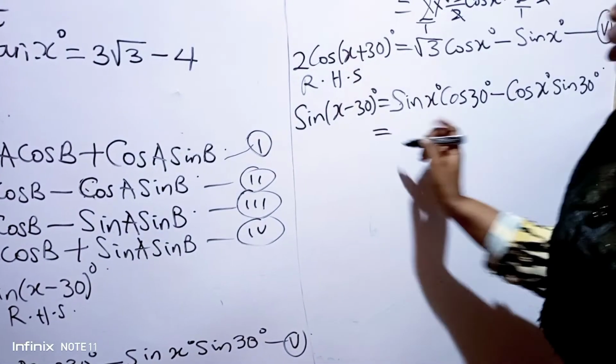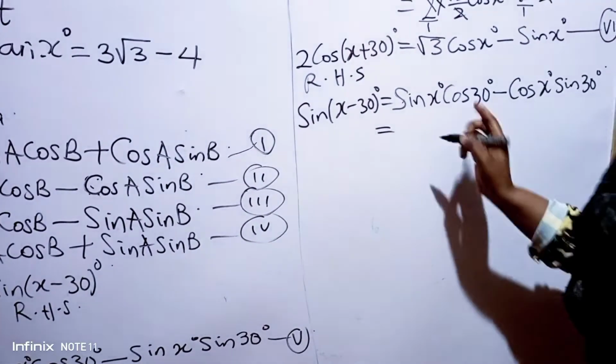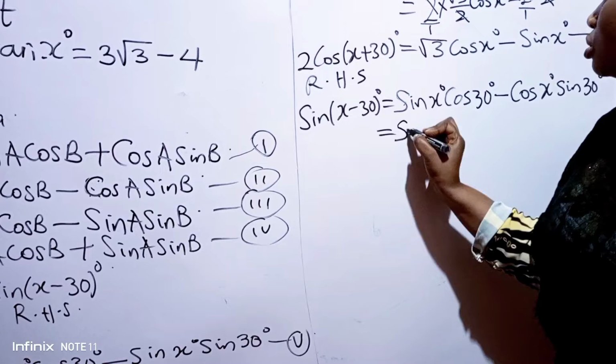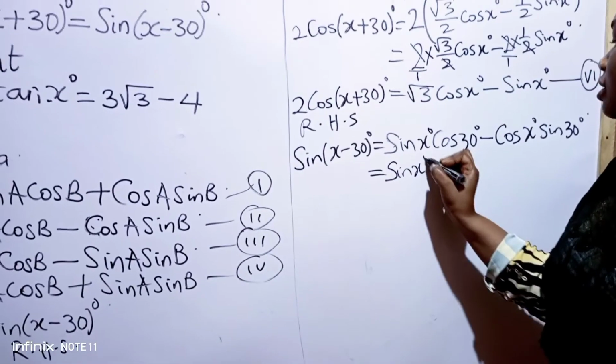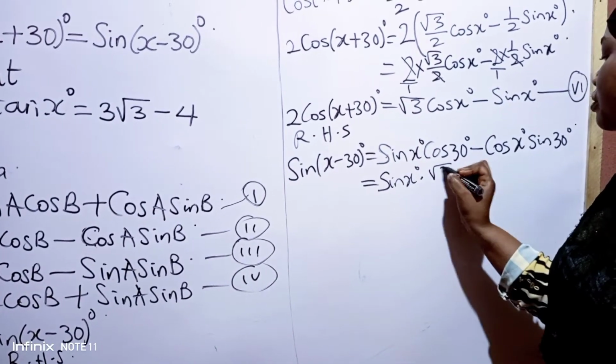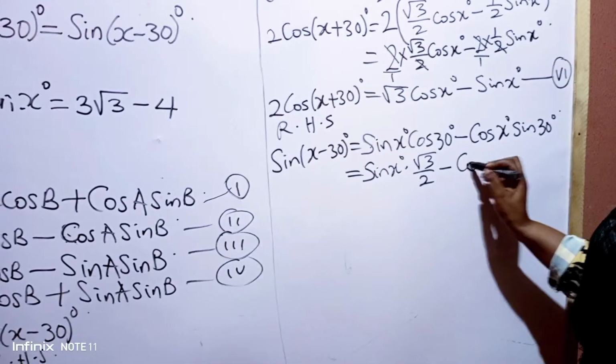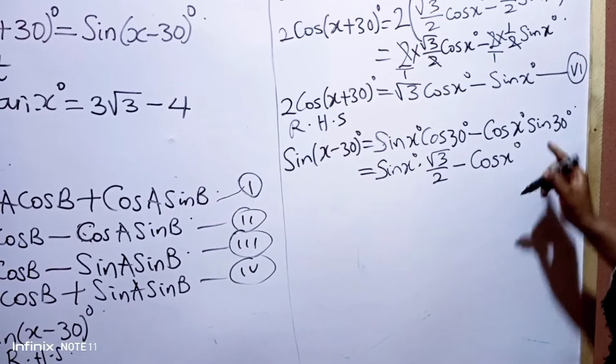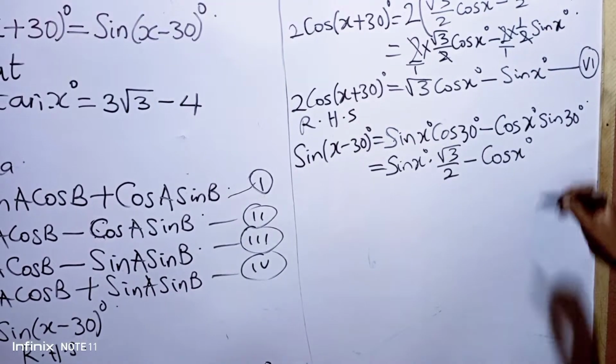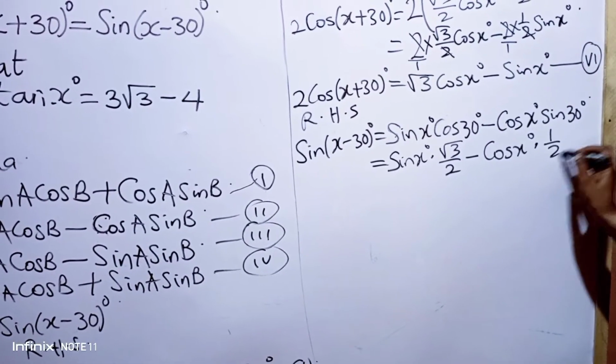So wherever we see cos 30°, we are going to put √3 over 2. So sin x° multiplied by √3 over 2, then minus cos x°. Wherever we see sin 30°, we are going to put 1 over 2.